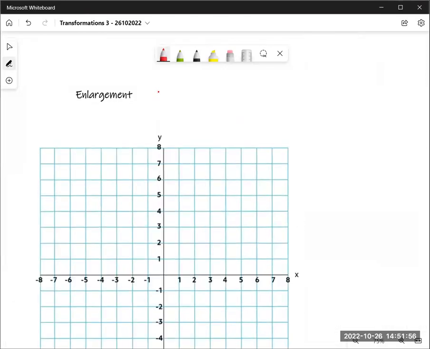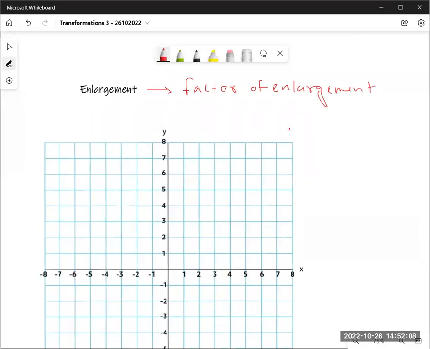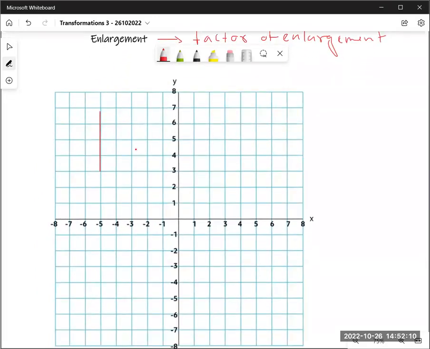Enlargement always happens with a factor, so it has a factor of enlargement. Now, if I make a shape, let's say this shape, something like this, and I make another shape right here.